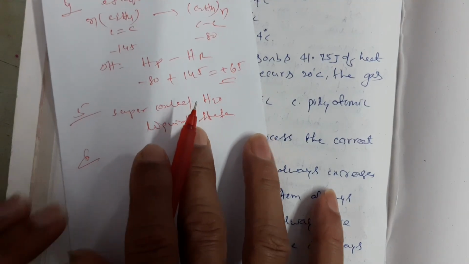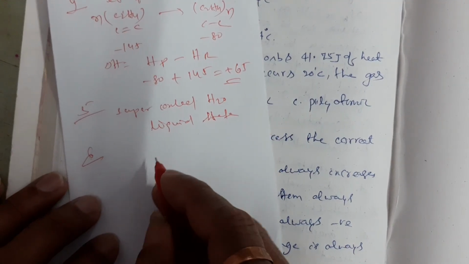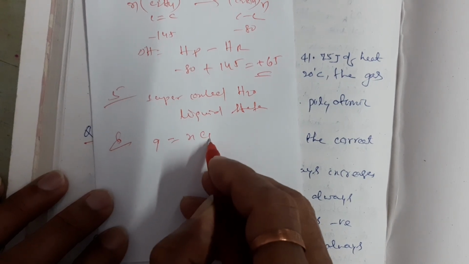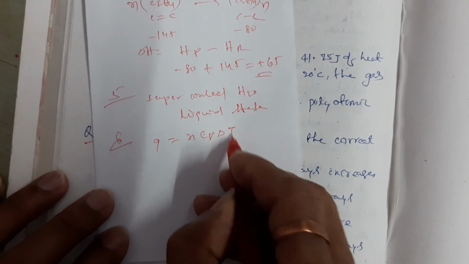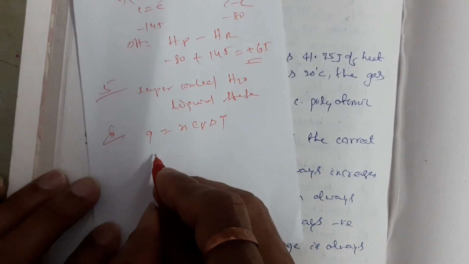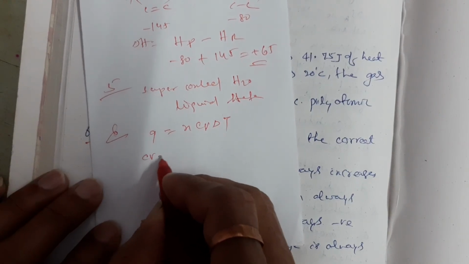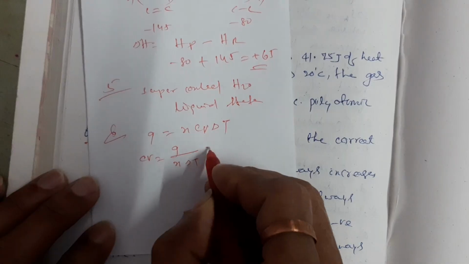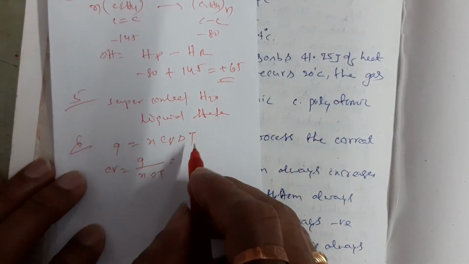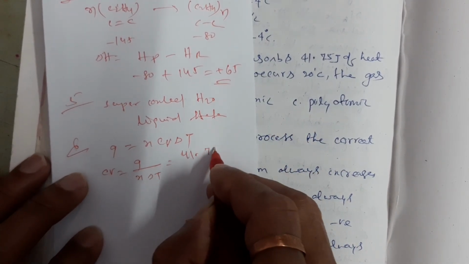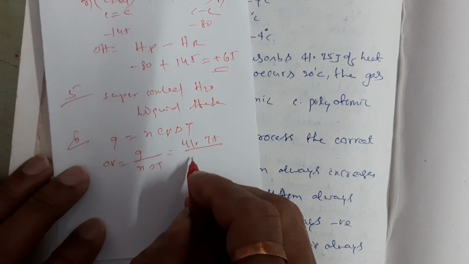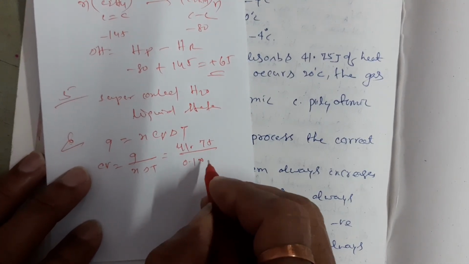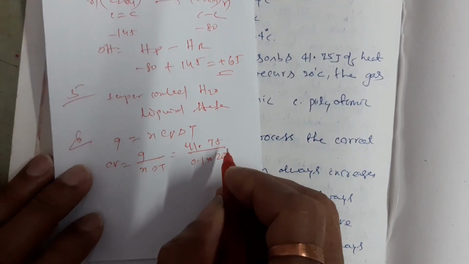We have a formula Q is equal to nCv ΔT. Okay, so Cv is asked, Cv is equal to Q by nΔT. What is Q? Q is 41.75. What is n? n is 0.1 mole. ΔT is 20 degrees centigrade.